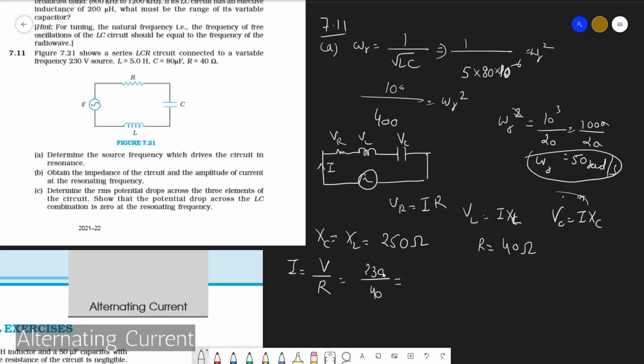So its value is nothing but 230 volt is the RMS value given. And the resistance is 40 ohms. So this gets cancelled out. 20 and 3 remains. So 7, 28 and 2 again. Like this, suppose 5.75 ampere is the current.